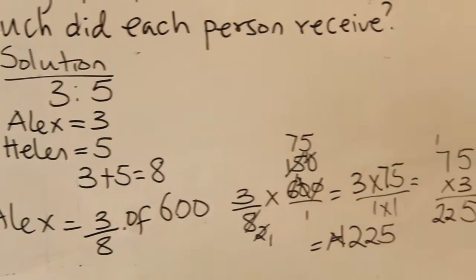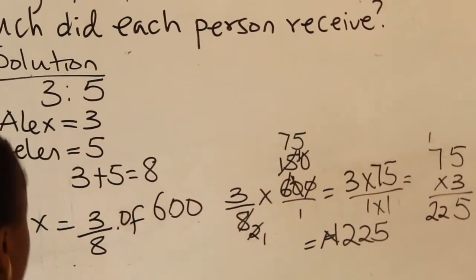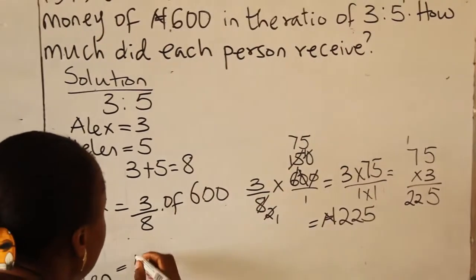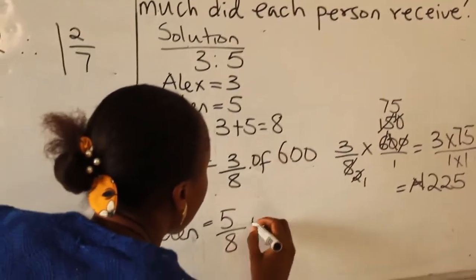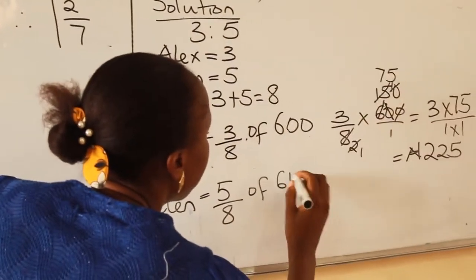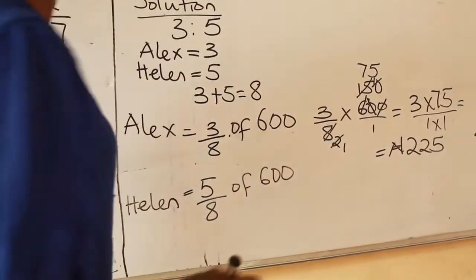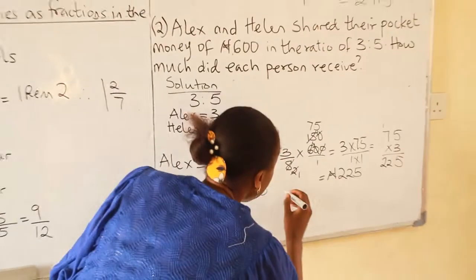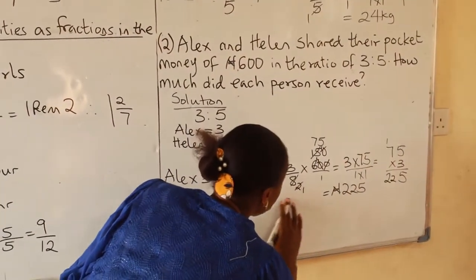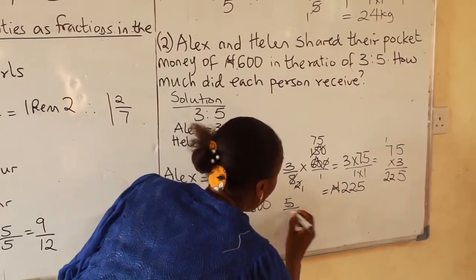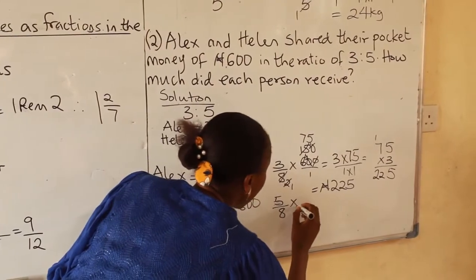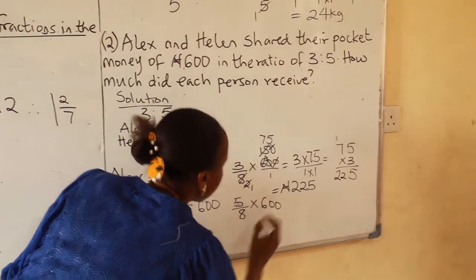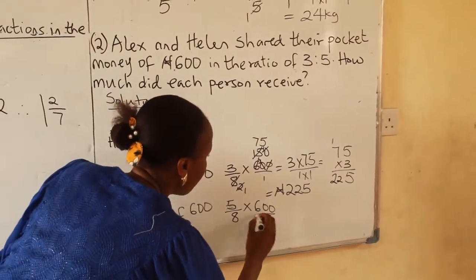Next, we'll get Helen's share of the money, which is 5/8 of 600. I'll quickly change our "of" to times, which is 5/8 times 600/1.